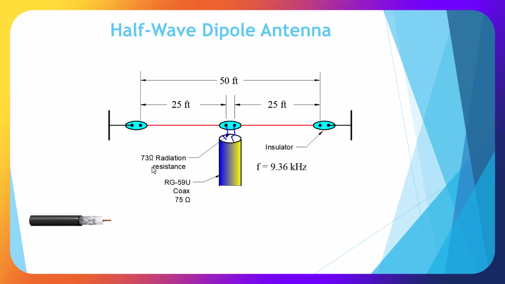We have a 73 ohm basic resistance, and I chose a coax, an RG59U, which is 75 ohm, and here's a standard coax picture. You see it has two elements between insulators and some kind of a structure holding it.